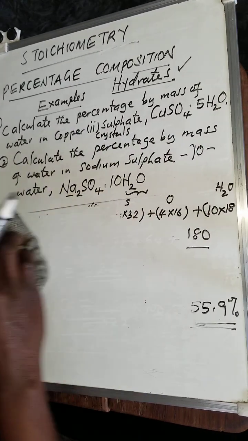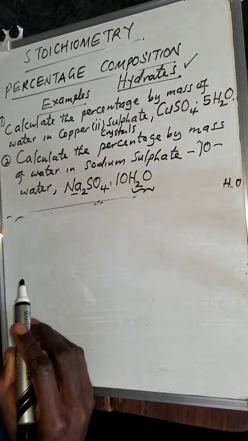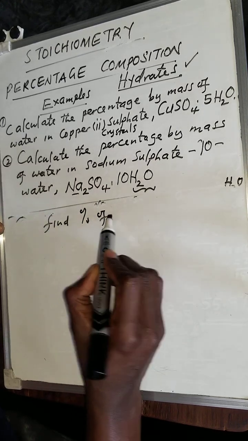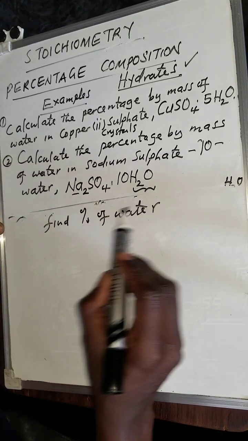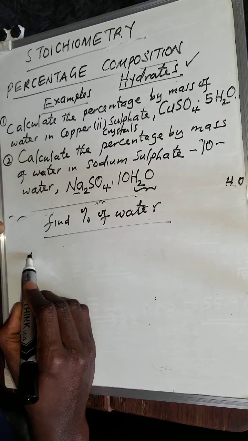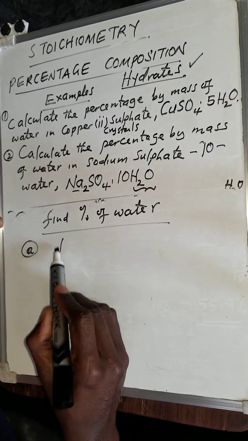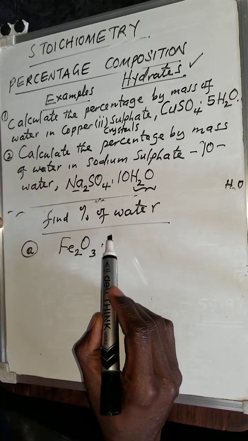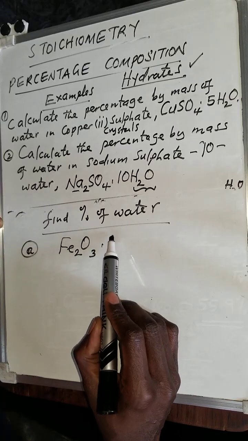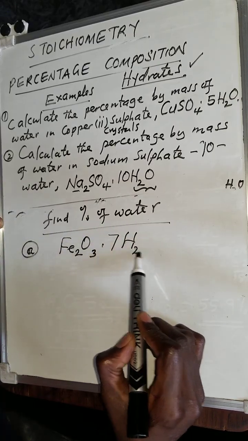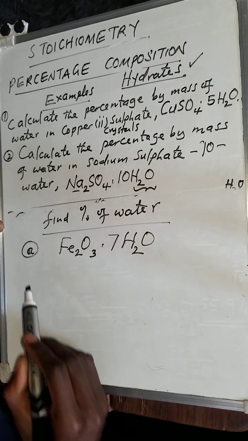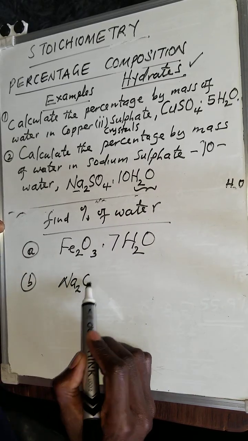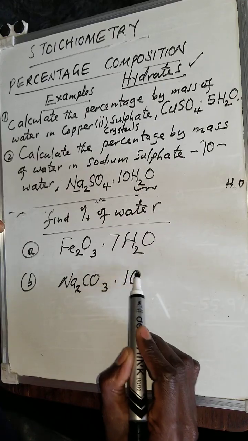In your own free time, you can find the percentage of water in the following compounds. A, iron 2 sulfate, let's give you in this case as being 7 water. B, you can also work out in sodium carbonate decahydrate.